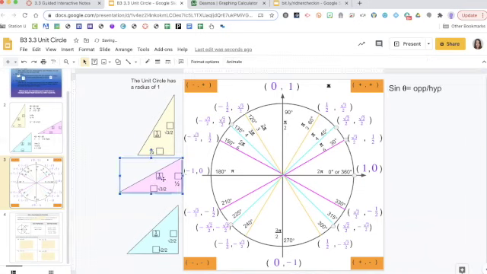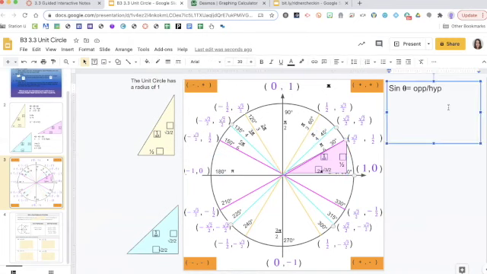But moving my triangle over here, if I think about my opposite, it's this one right here, and my hypotenuse is 1. So for the unit circle, it is always equal to your height over 1. Height is y, which equals just your y value. So what does that mean?